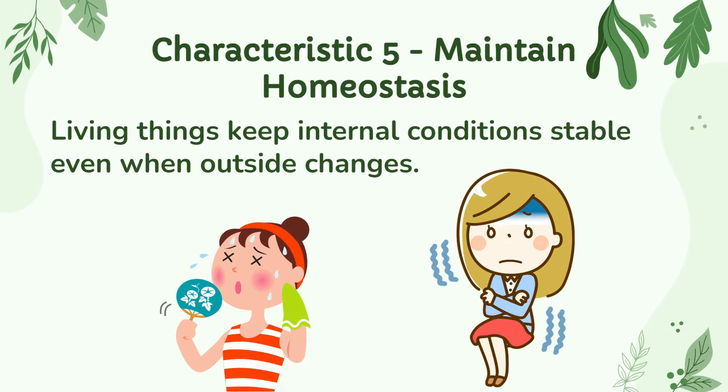Our fifth characteristic is homeostasis. And what is homeostasis? Homeostasis is basically maintaining our internal selves. So our body temperature should be the same, our blood pressure should be the same, our sugar level should be the same. This is the kind of thing that maintaining homeostasis does.